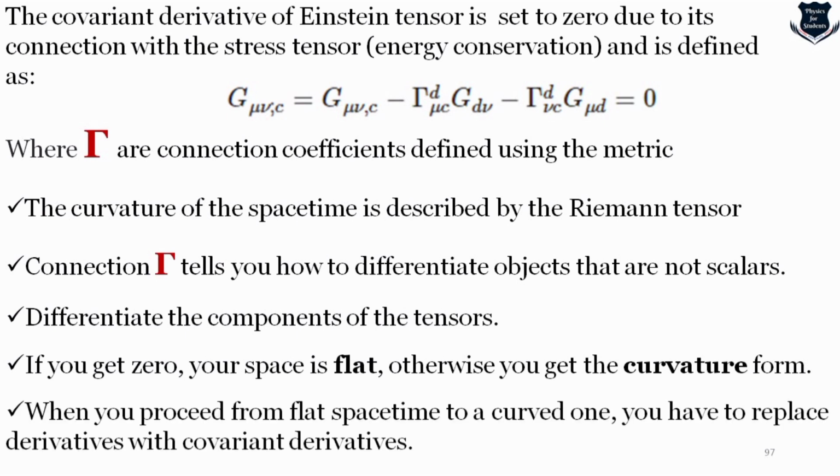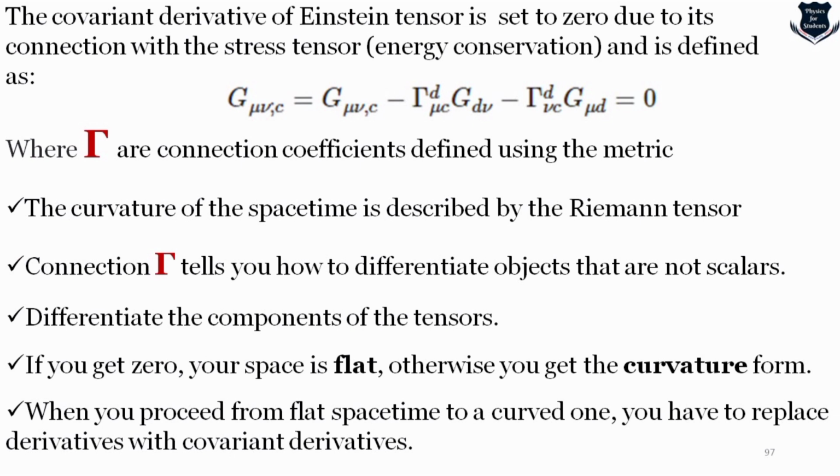From a physical perspective, the curvature of the space-time is induced by the presence of matter. We have seen that, and that is a four-dimensional version of the stress tensor. This generalizes the stress formula to Minkowski space, where the addition of pressure leads to an improved energy flux. So when we proceed from flat space to a curved one, you have to replace those ordinary derivatives with covariant derivatives.